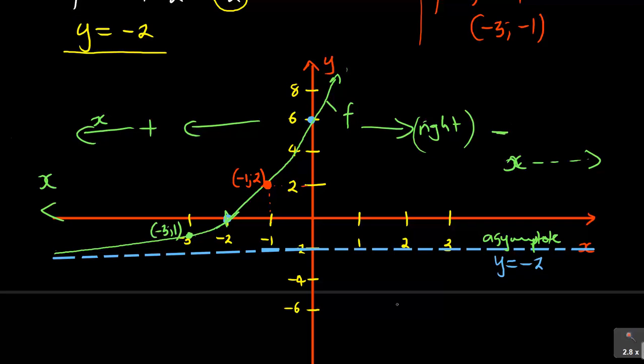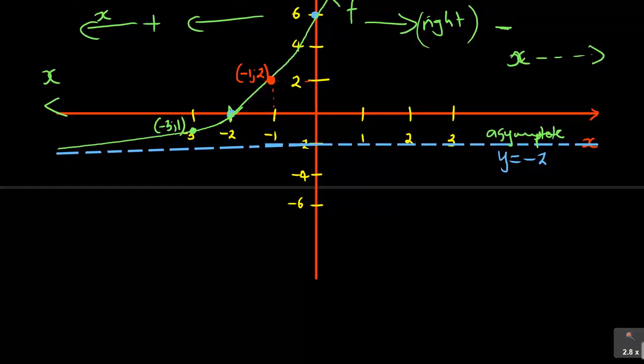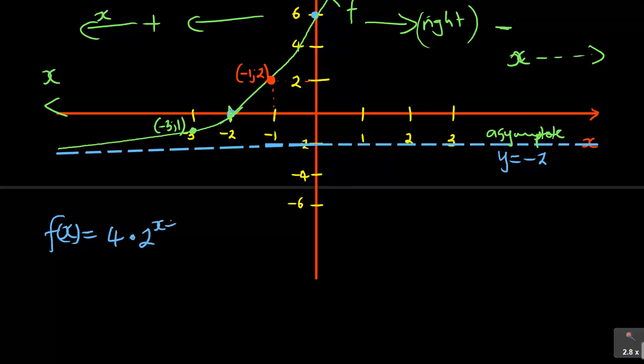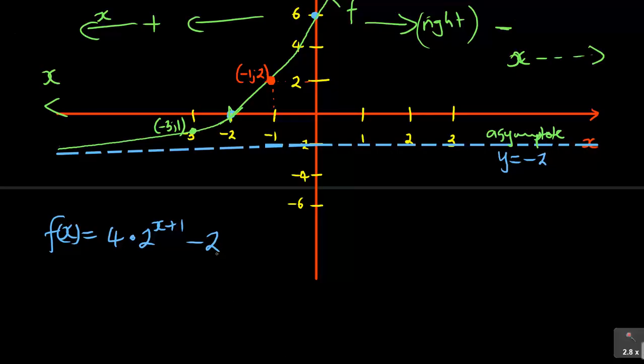So my answer therefore will be, if I go to the original equation, f of x is equal to 4 times 2 to the power x plus 1 minus 2. They said I must move 2 units to the right. So those 2 units now, remember, I'm going to be subtracting.